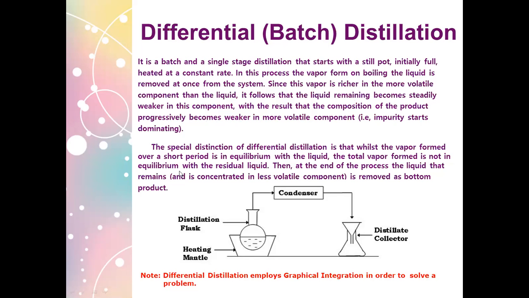That is if you allow the distillation to proceed beyond the boiling point of that component that you want to separate from the original mixture that was placed in the pot.